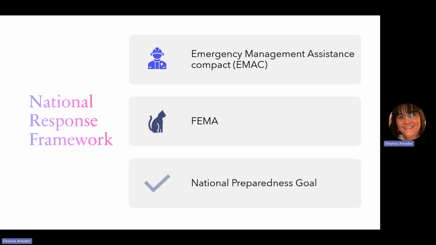You can have FEMA get involved and say, this is a catastrophe. The National Preparedness Goal is to have a secure and resilient nation with the capabilities required across the whole community to prevent, protect against, mitigate, respond to, and recover from threats and hazards that pose the greatest risk to the nation. You can read through the speaker notes there, but it talks about the different levels and how this makes up our matrix for disaster planning.